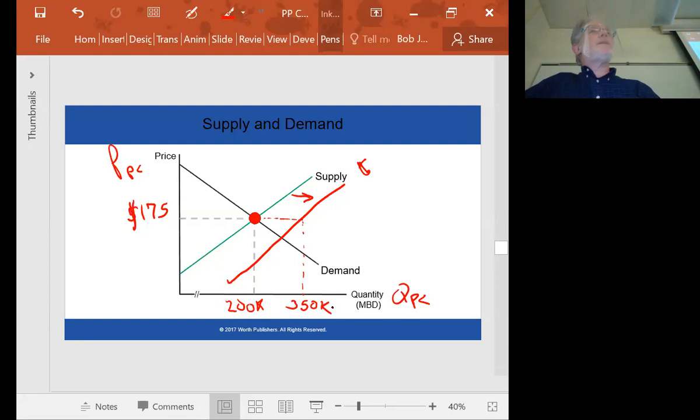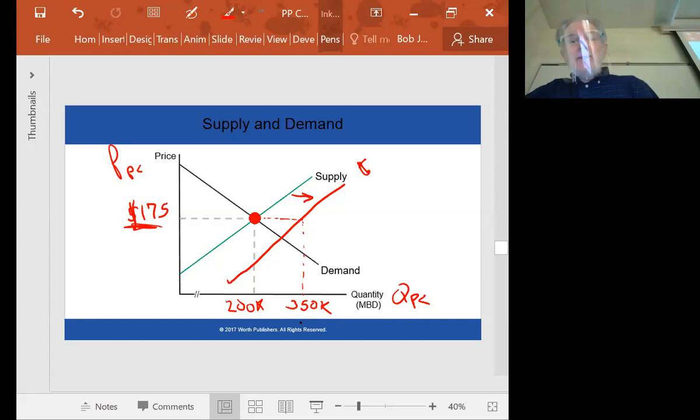What's going to happen if this is a competitive market? At the original price, consumers still want to buy 200,000, but producers want to sell a lot more.